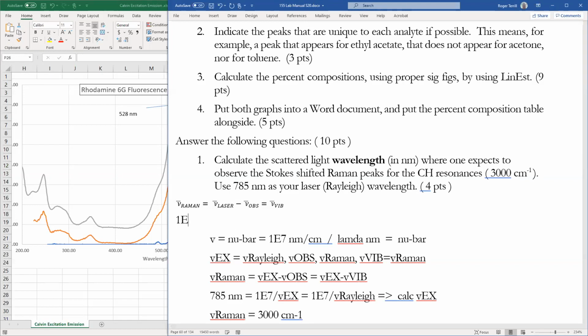I need a calculator here. And that's 12,738. So this is the V bar laser.